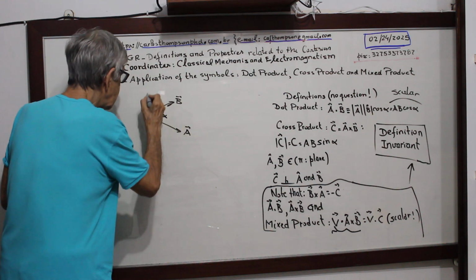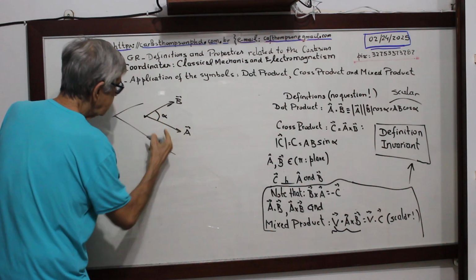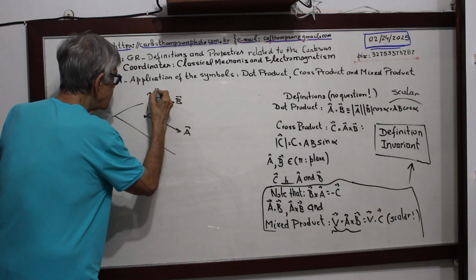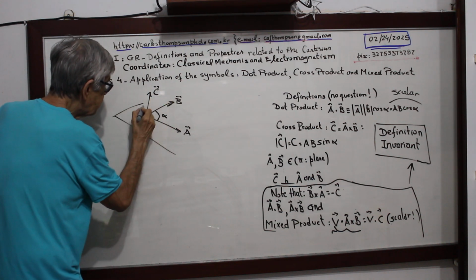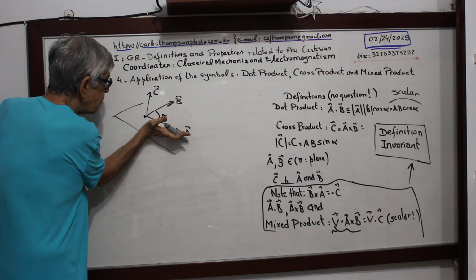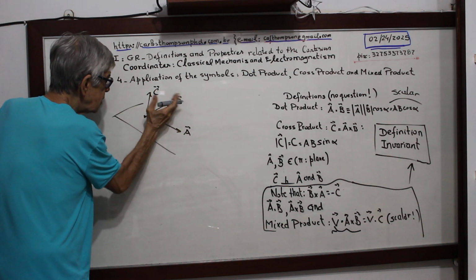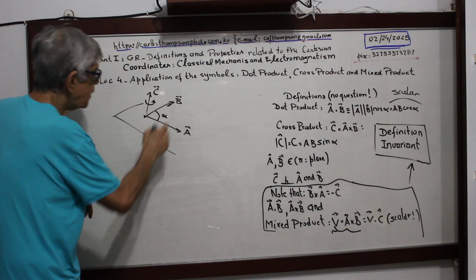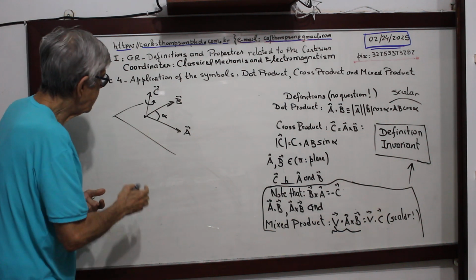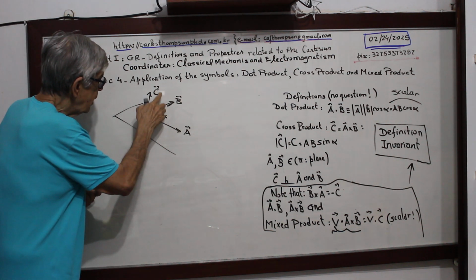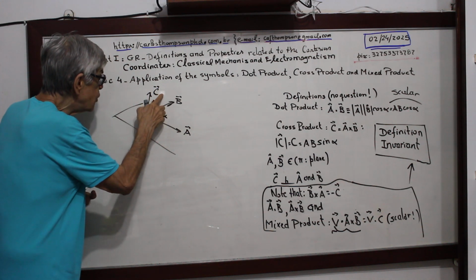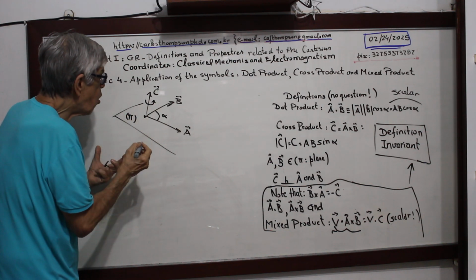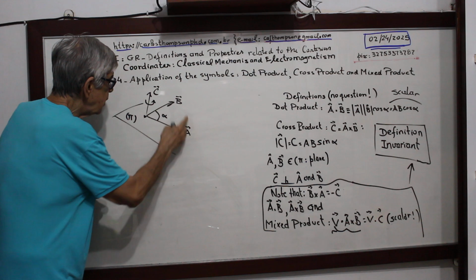So the direction, this is a plane containing A and B. It will be vector C, defined as if I rotate A to reach B, in this case counterclockwise. So C is a vector perpendicular to the plane pi formed by the vectors A and B.